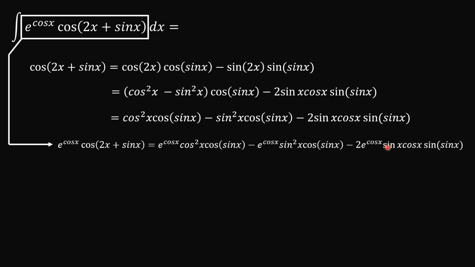Now I could spread out this times 2, so that one of the negative e cosine x sine of sine x cosine x is attached to the first term, and then the remaining would be attached to the second term as follows.